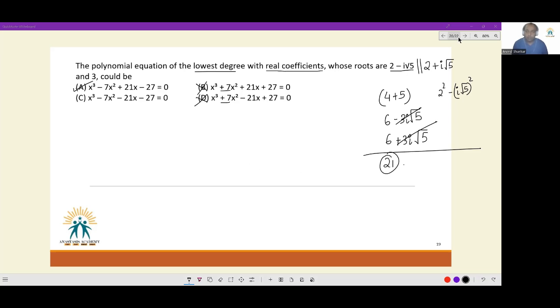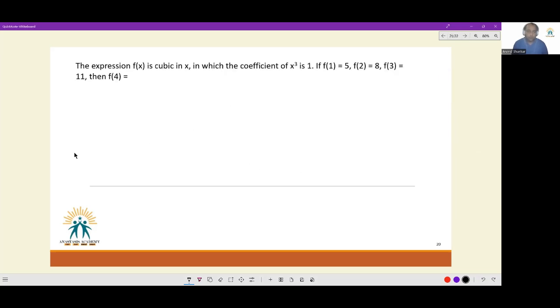Yes. And the last question for this week now. The expression f(x) is cubic in x, where the coefficient of x cube is 1. If f(1) is 5, f(2) is 8, f(3) is 11, it is very much like the first question we had seen. The x cube expression, if it is (x minus 1)(x minus 2)(x minus 3) plus 3x plus 2.